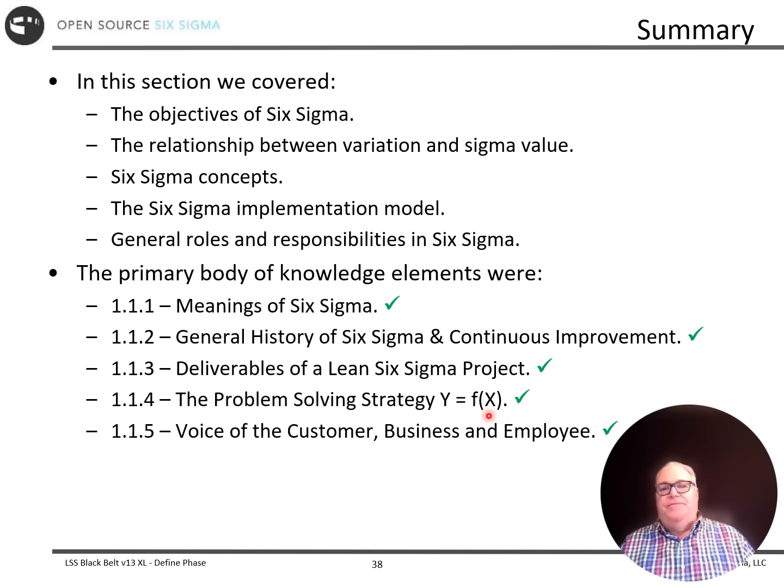The whole idea of breaking a process down to a simple math formula, that the inputs are transformed through some function to get an output, or said the other way, the outputs are some function of the inputs, and the fact that we have different voices that we need to listen to in order to start off projects at the beginning, right from that business perspective.